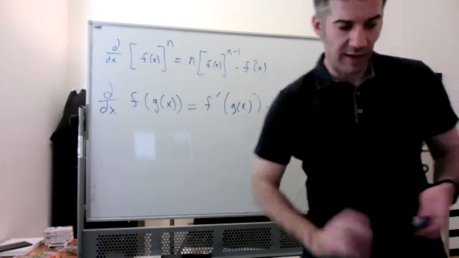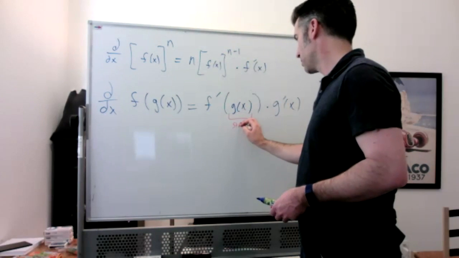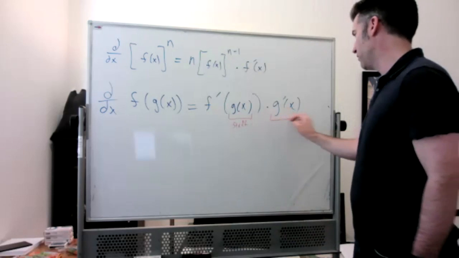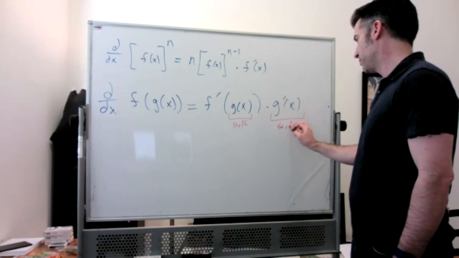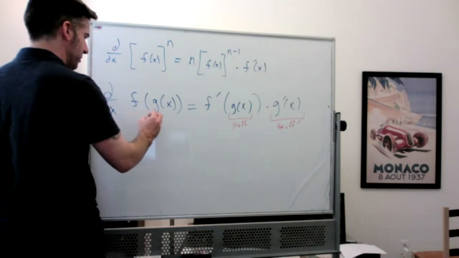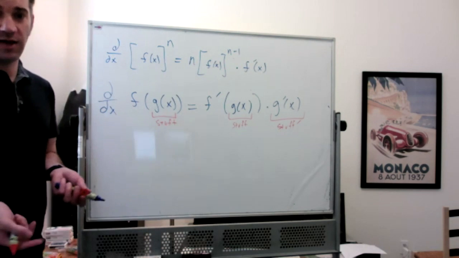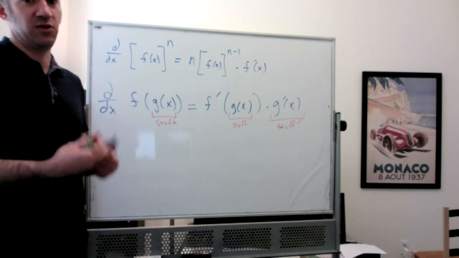So I'm going to get f prime of some stuff times the derivative of that stuff. When I differentiate f of some stuff, I get f prime of the stuff times the derivative of the stuff.